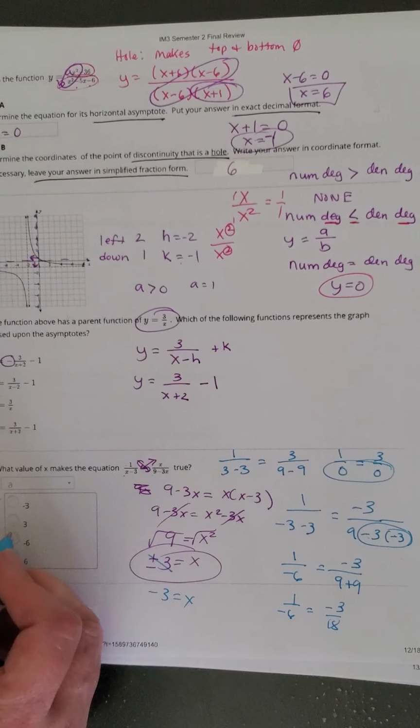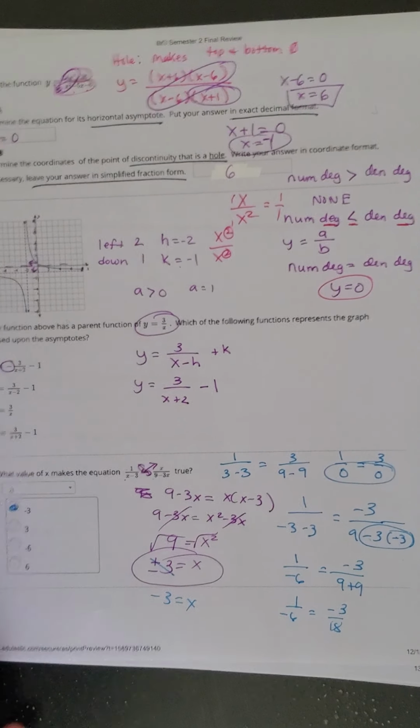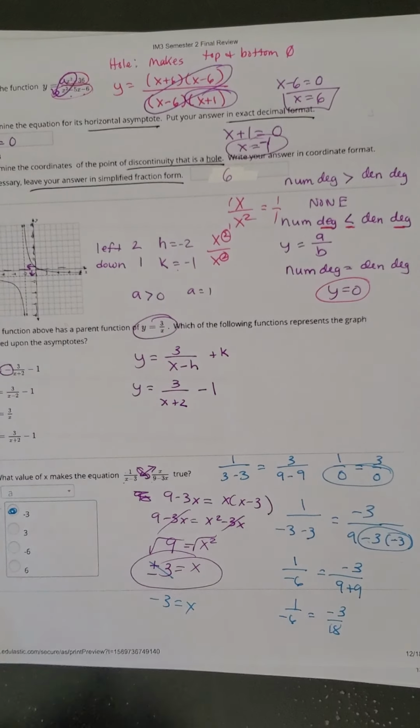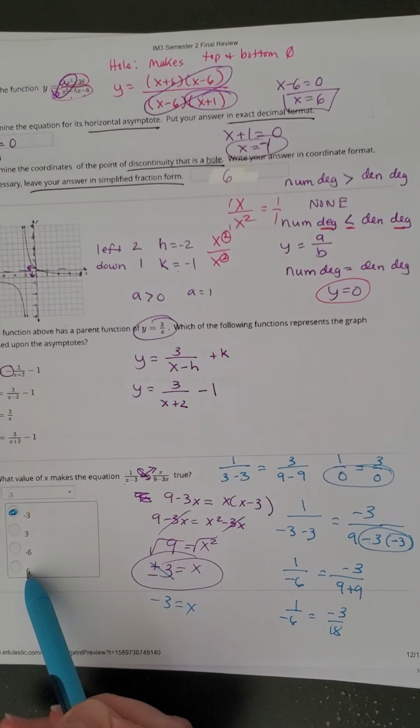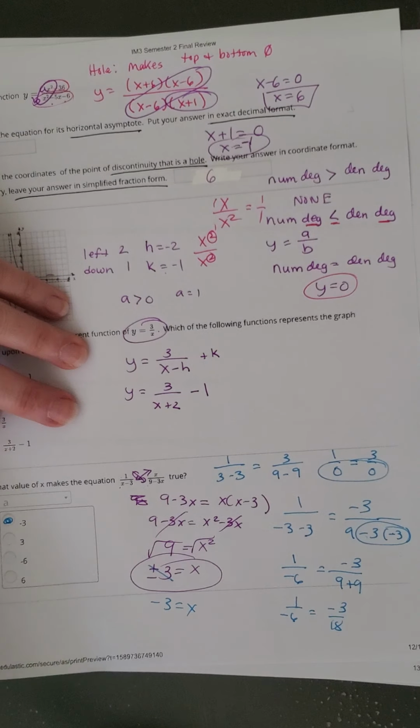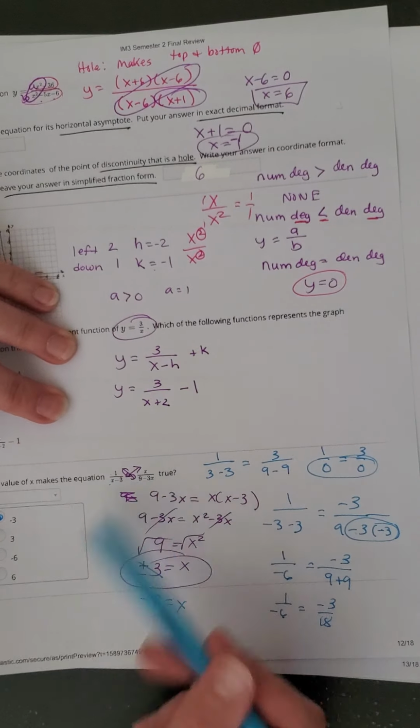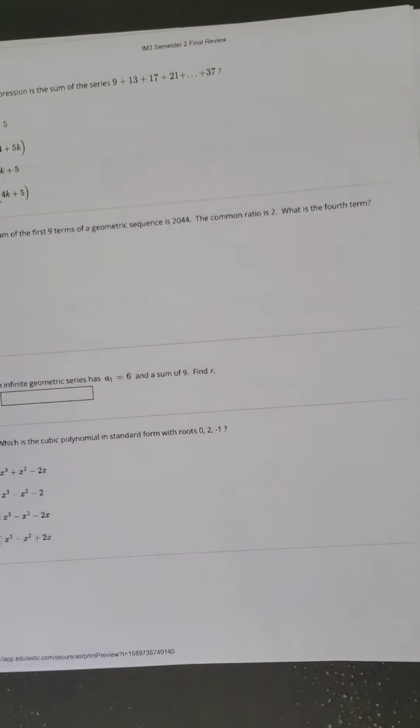And so the answer is actually only negative 3. If you wanted to, you could just substitute these values in and check them. But I always like to show, if it wasn't a multiple choice test, how would you find it?